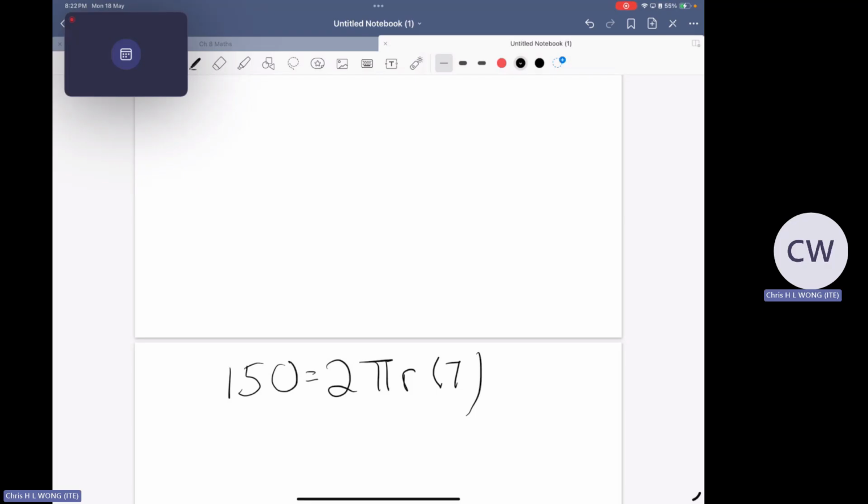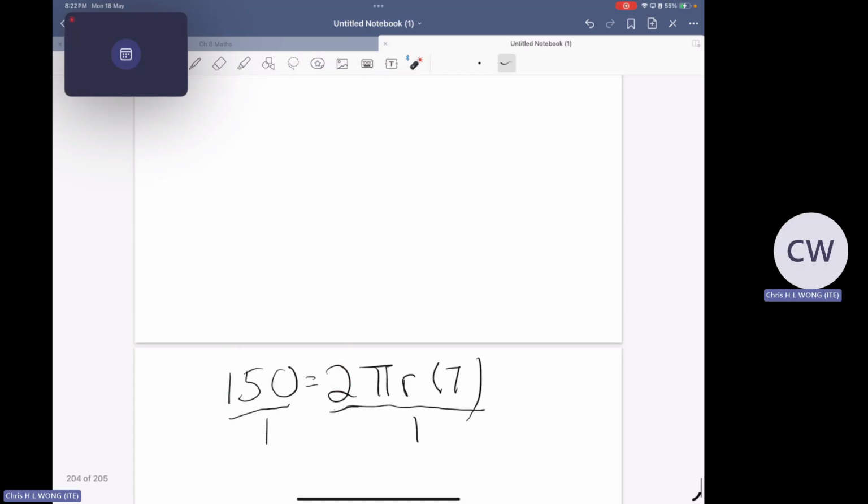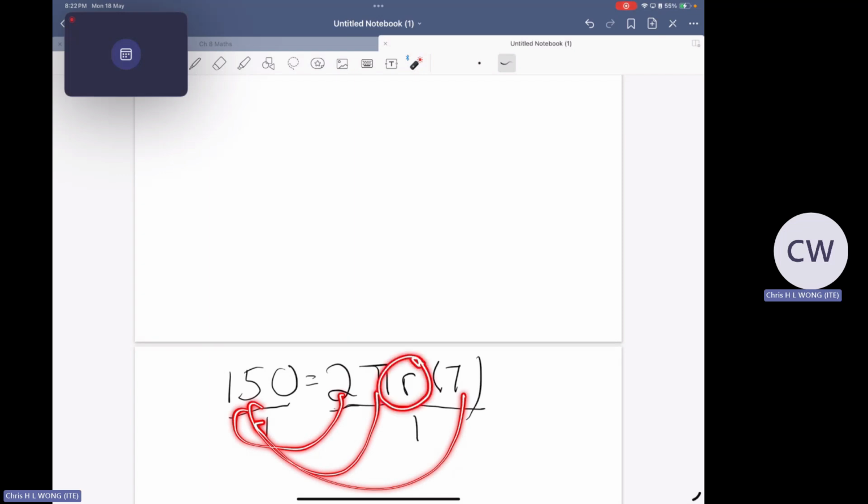When it is like that without any fraction, it is actually over 1. If I want to find r, I must get rid of the 2, the pi and the 7, and remain with r.